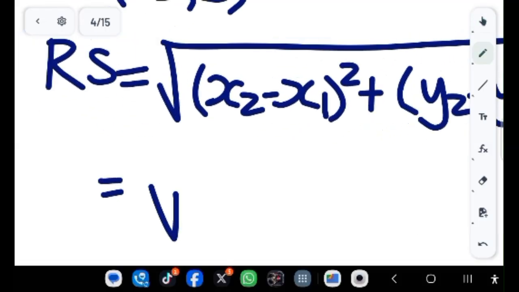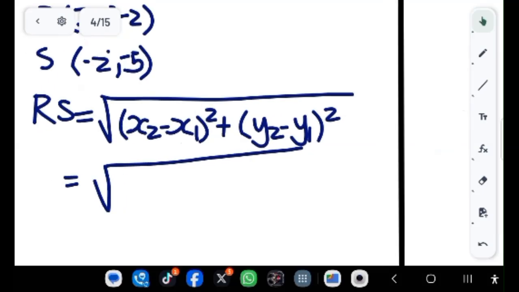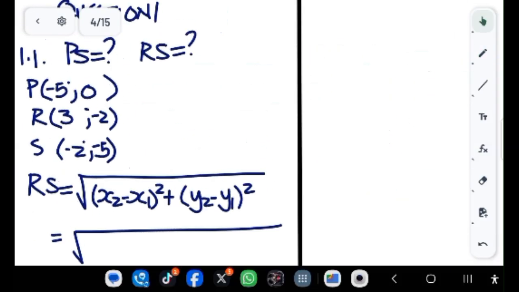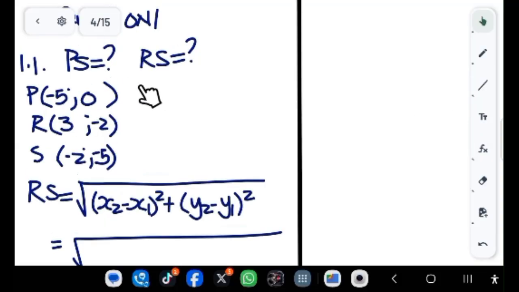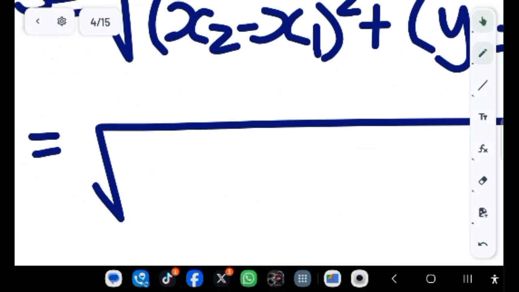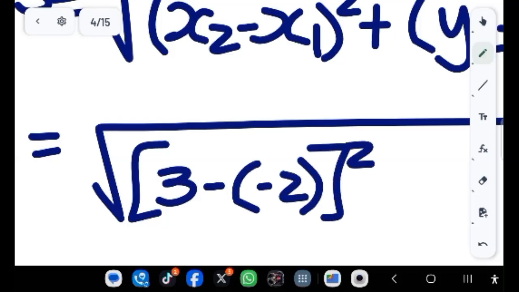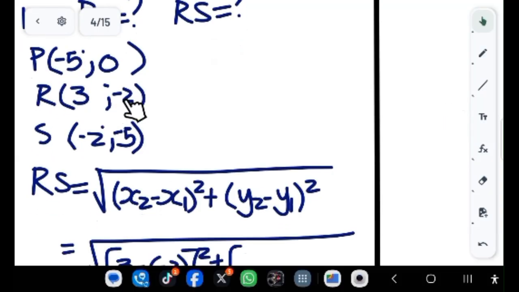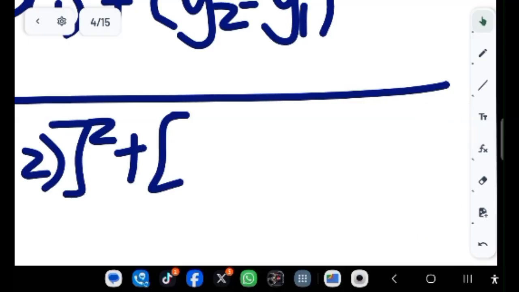I'm going to do the first one the long way by hand without a calculator first, and then we'll do the second one with a shortcut method using a calculator. Let's calculate RS, not PS. RS will be 3 minus -2 all squared plus, and the y's will be -2 minus -5.